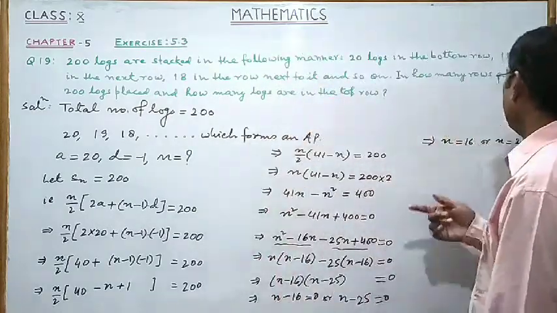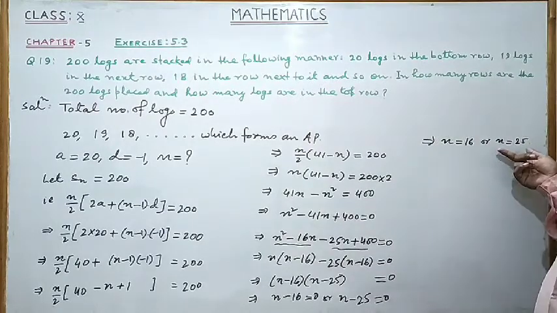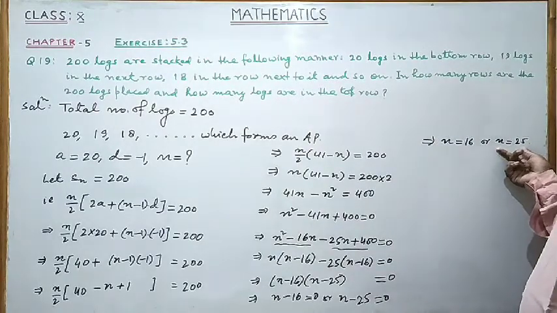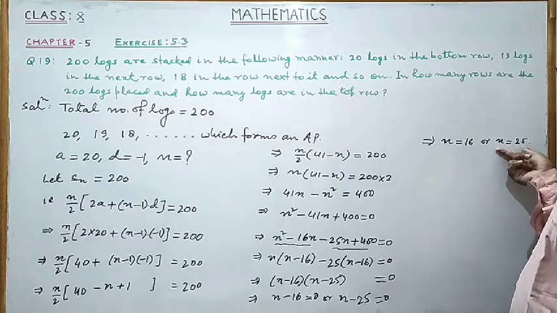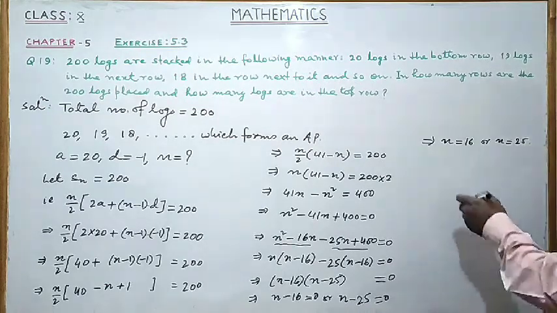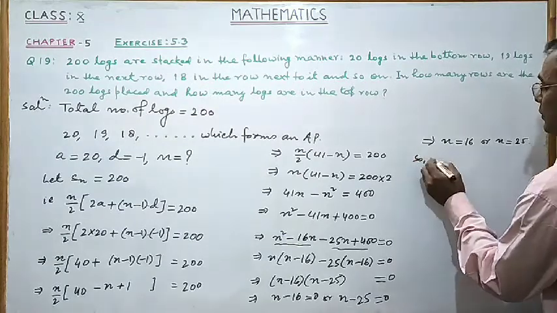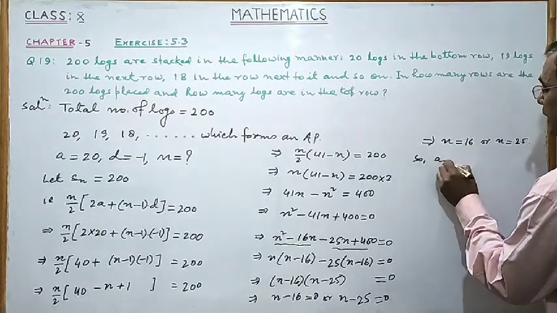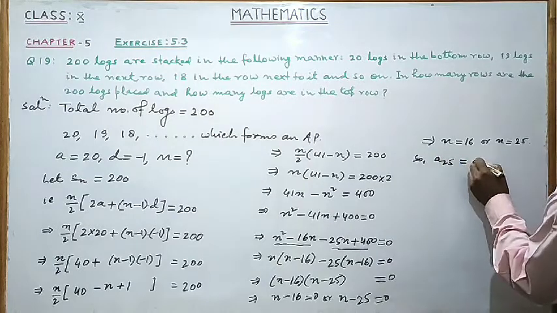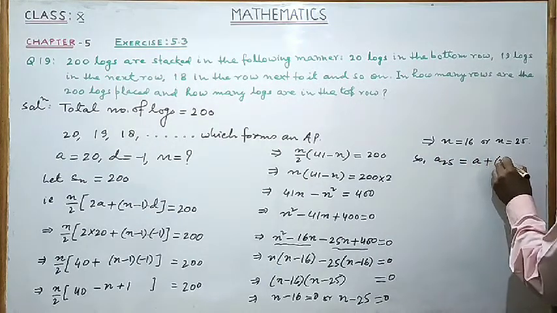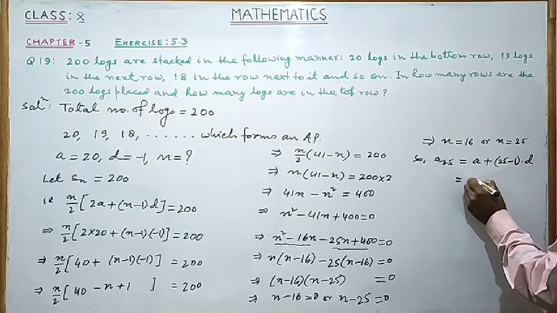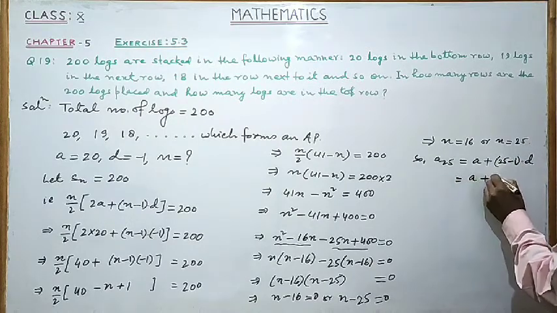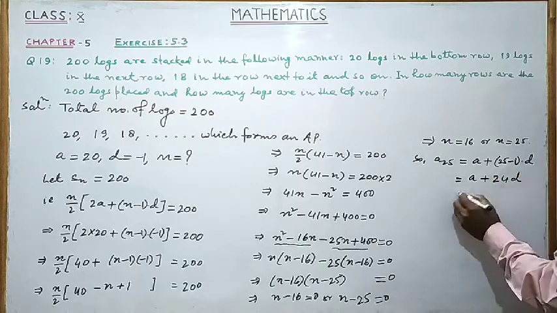If 200 logs are stacked in 25 rows, then let us find out the number of logs in the 25th row. So A25 is equal to a plus 25 minus 1 into d, which is a plus 24d.